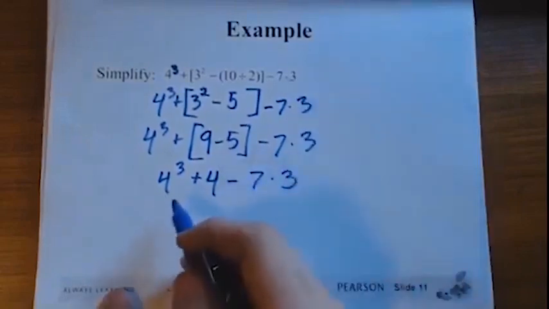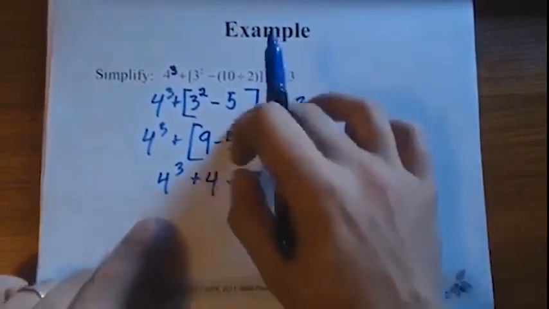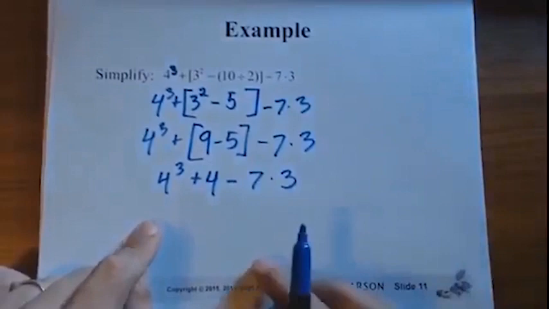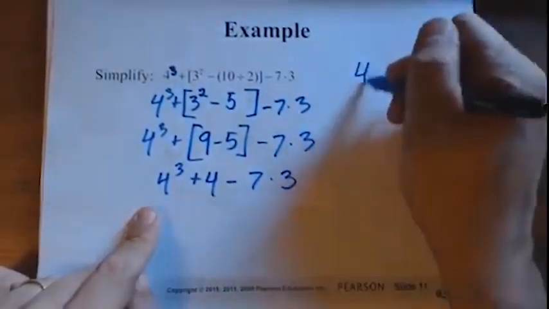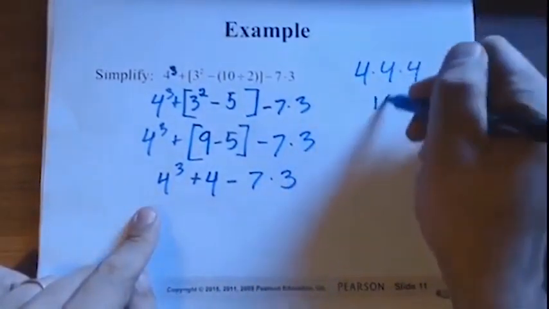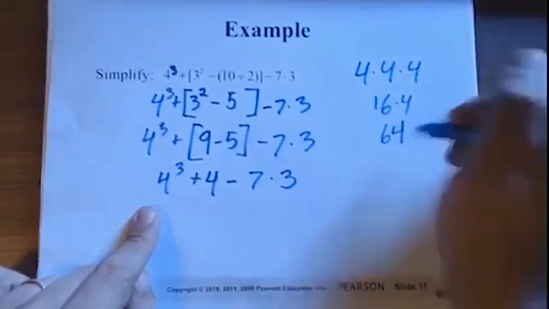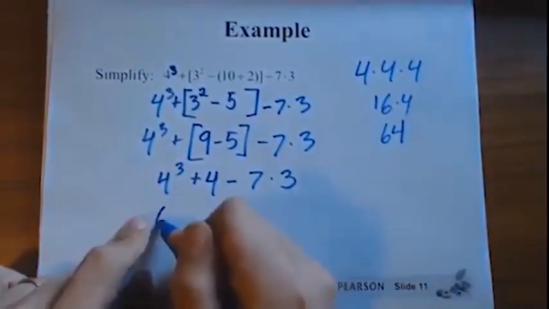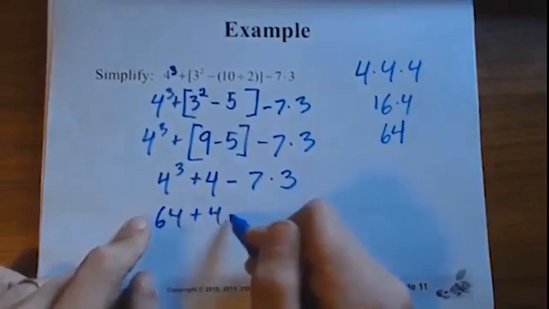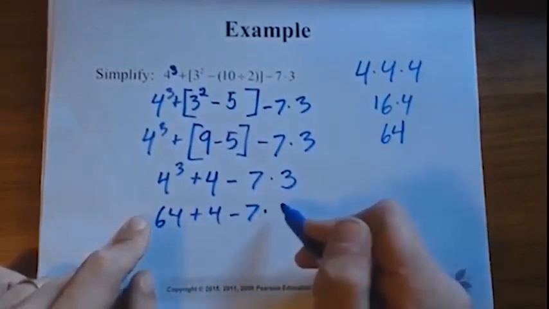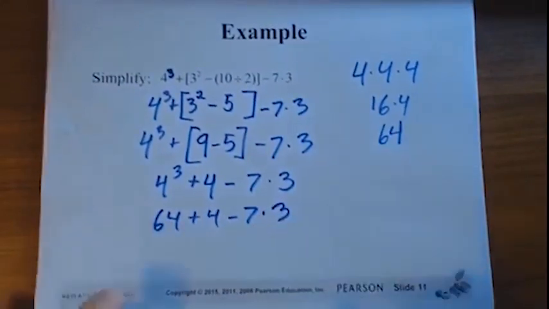Exponents. We're done with parentheses. Exponents. We've done some exponents, but they were inside parentheses. 4 cubed is 4 times 4 times 4. 16 times 4 is 64. 64 plus 4 minus 7 times 3.